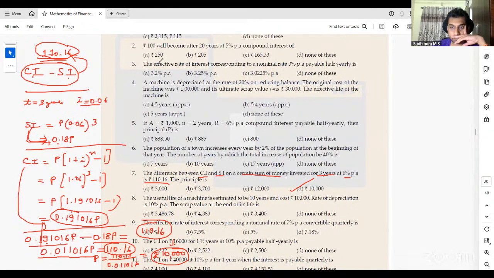Arpita, question number 8. Very good, Vikram.